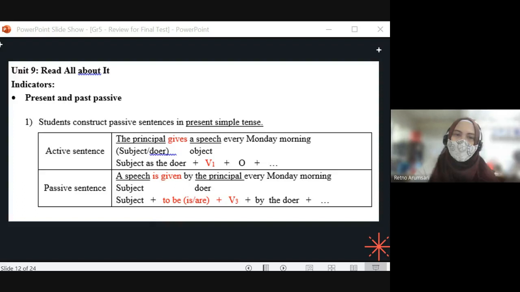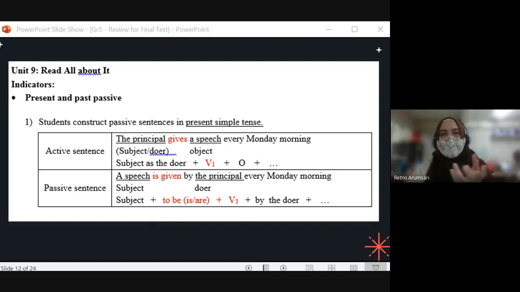A speech is put here at the beginning of the passive sentence and followed by is or are. The to be is or are. Why? Because what you see here is a verb 1, give. Because it is a verb 1, you need to choose between is or are.